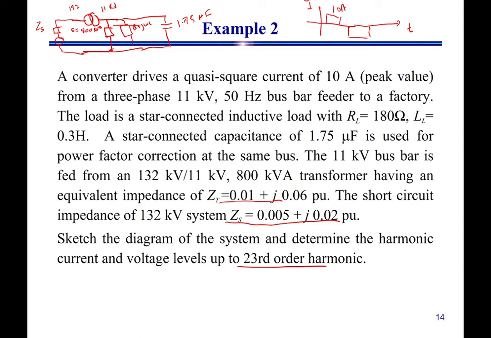Of course, if you look at this waveform, it is an odd waveform. That means it has only the bn component. Also, this pulse and this pulse are opposite to each other, which means we will not have any even harmonics.